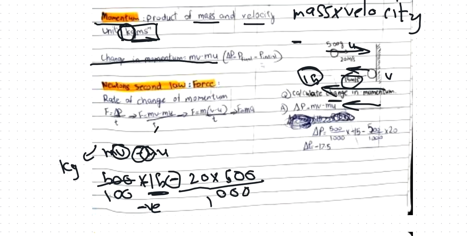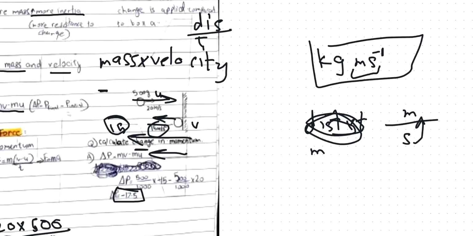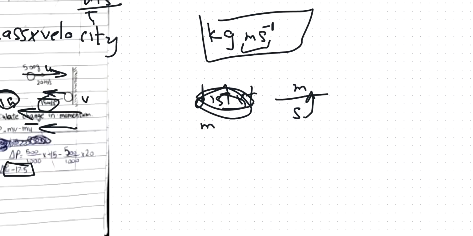So solve this, and I get my final change in momentum as negative 17.5. So the notes that you have to take here: right direction is positive, left direction is negative.